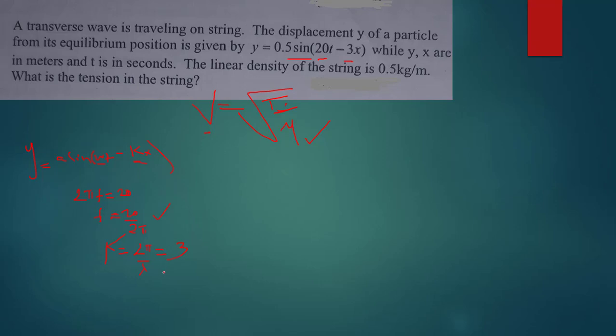So the wavelength is equal to 2 pi over 3. So we know velocity is equal to frequency times wavelength. The frequency is here and the wavelength is there, so we can solve for T just like that.